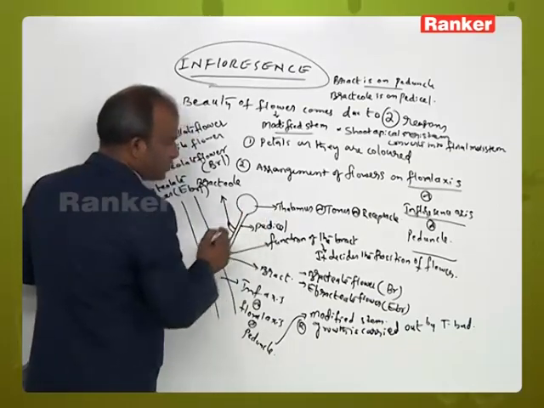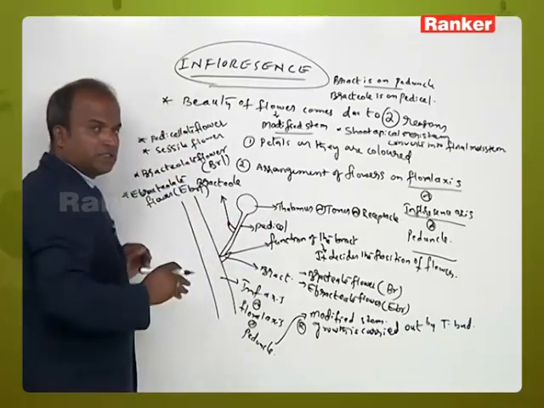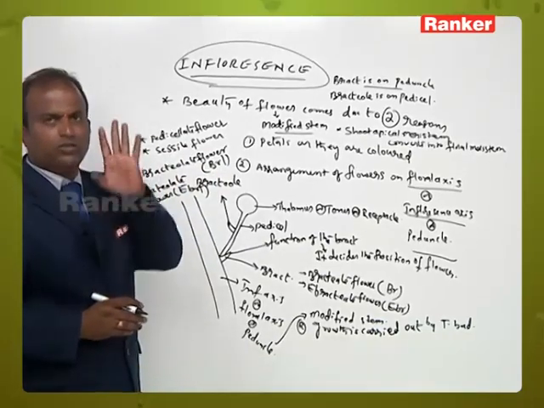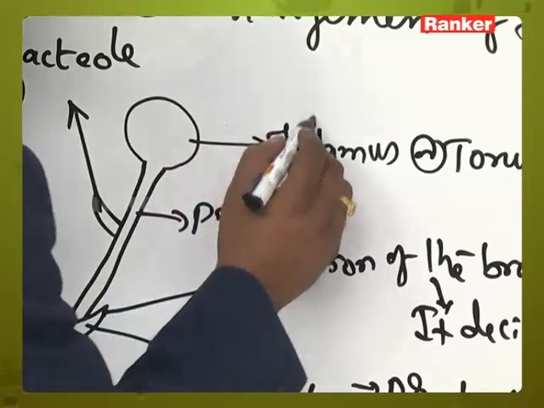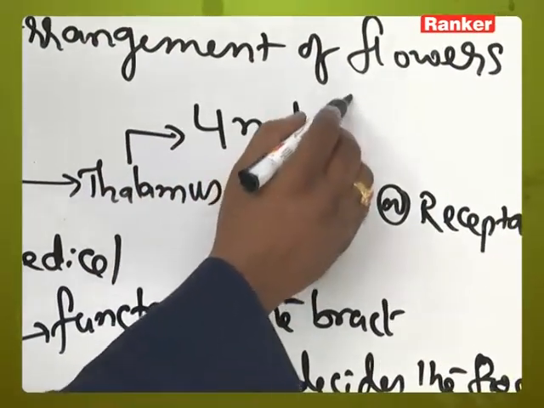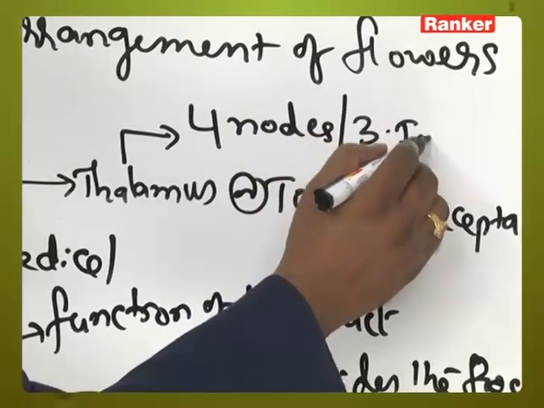That means this thalamus is differentiated into 4 nodes and 3 internodes.